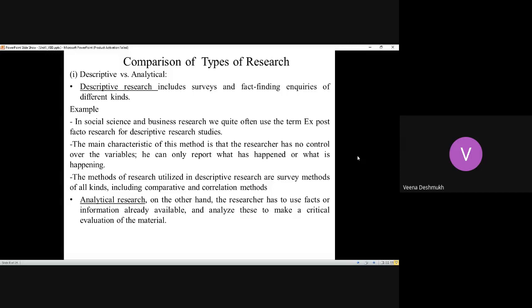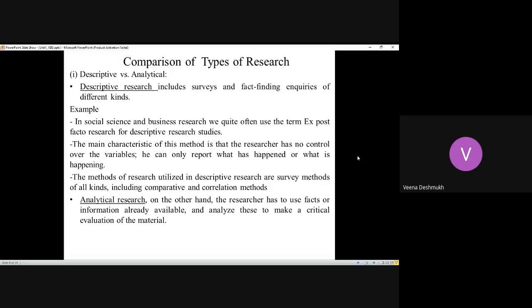The quality of the fruits or vegetables this time available in Belgaum is good, I said. So I don't have any control over whether it goes bad or good. The only thing I'm trying to find out is why it is happening so. I can only report what has happened and why it is so.